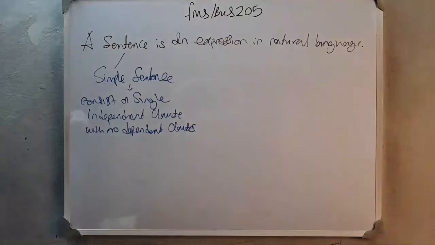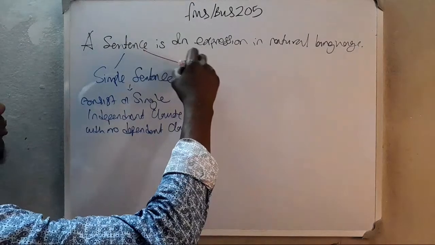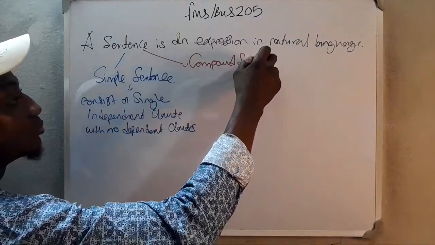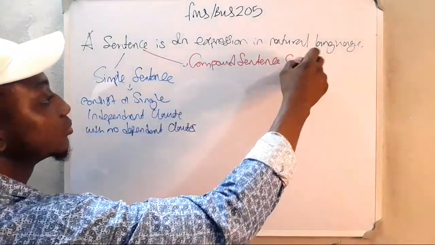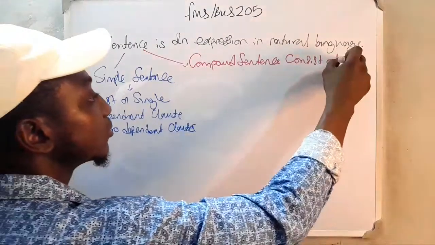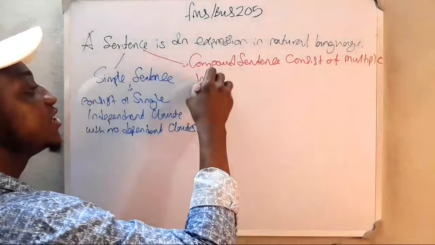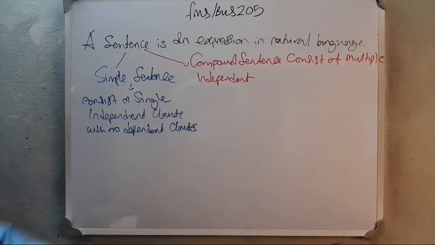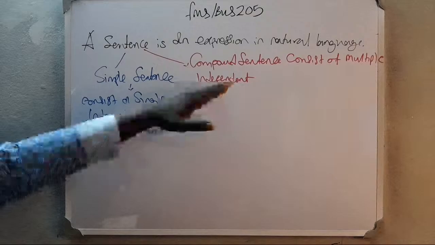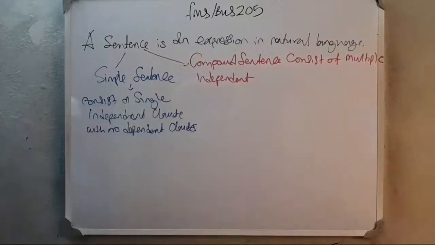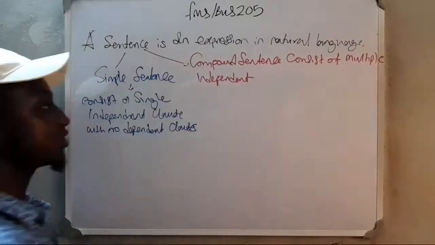A compound sentence consists of multiple independent clauses with no dependent clauses.